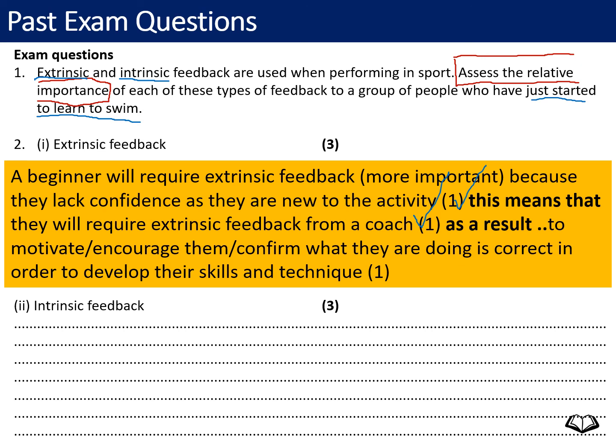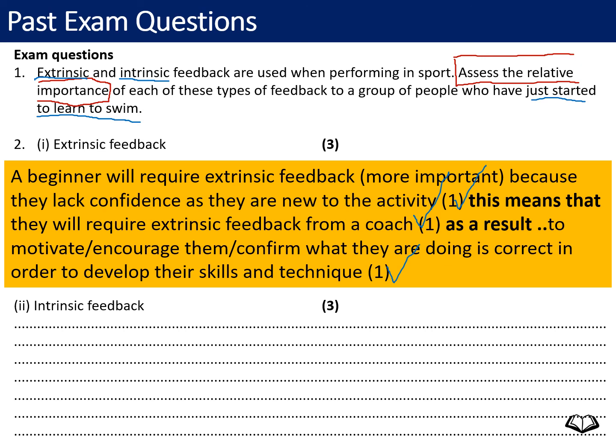As a result, this will motivate or encourage or confirm what they are doing is correct in order to develop their skills and techniques. So they need that confirmation from an outside source because they're the expert and these people do not have the experience or the knowledge to be able to do that themselves. So that is a really, really good answer where I've attacked and got those 3 available marks.